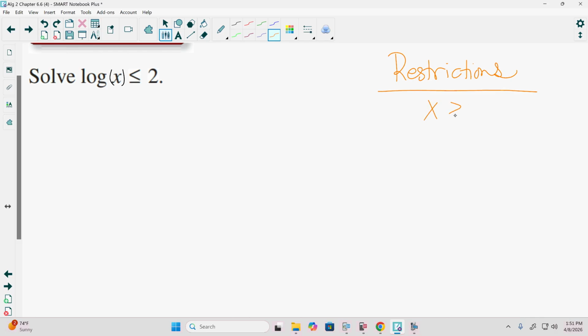And what we're saying is that expression has to be greater than 0. For this first one, just being x, it doesn't tell us a whole lot. We just are saying that x has to be greater than 0. Because if x is equal to 0 or less than it, we cannot take the log of that value. We will look at it later, because we need that set up so we know what our restriction is, then we're going to compare it once we get our result.